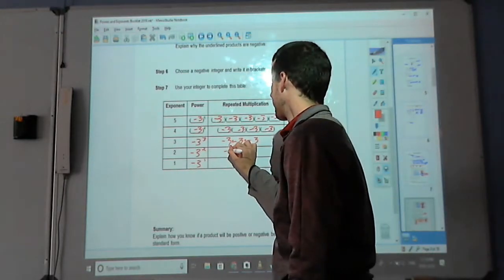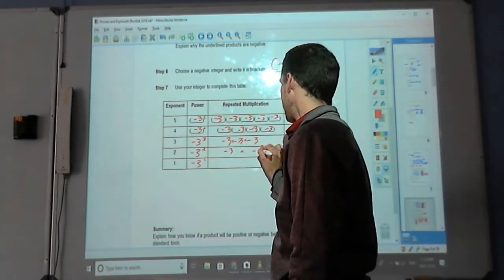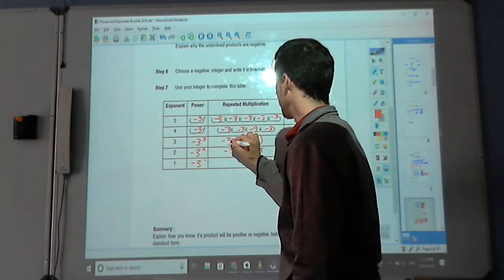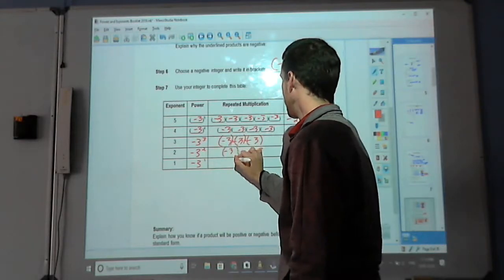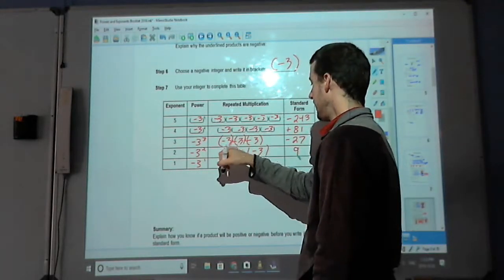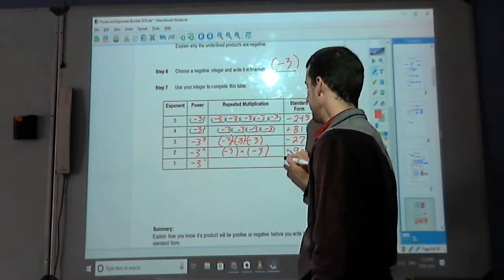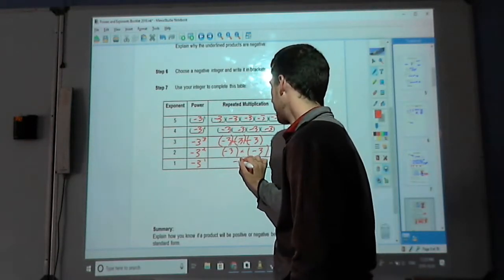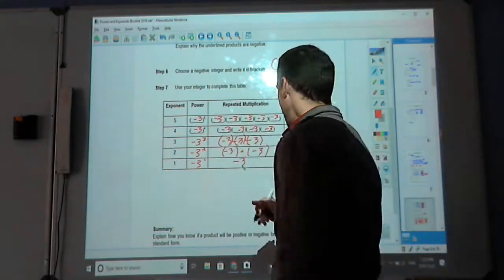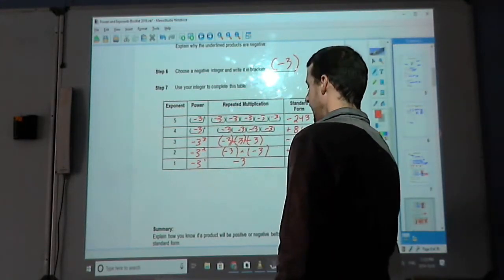Lastly, we have negative 3 times negative 3, and so we have 9, even number, positive answer. And lastly, negative 3 times itself once, and so we end up with negative 3 as our final answer.